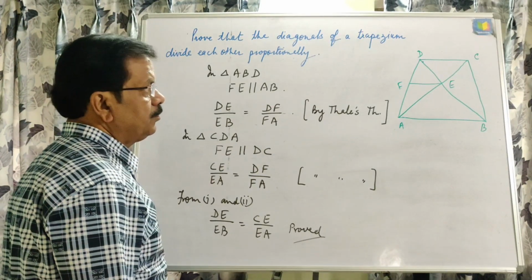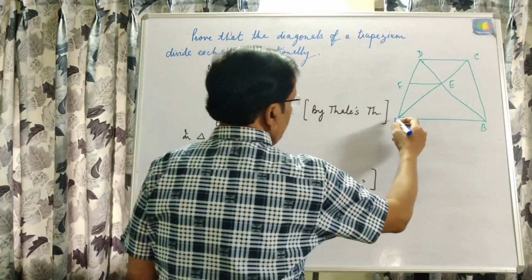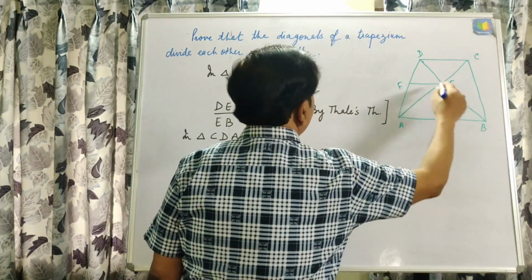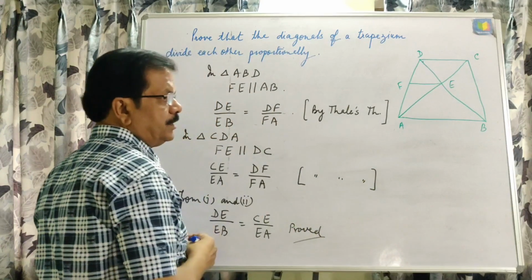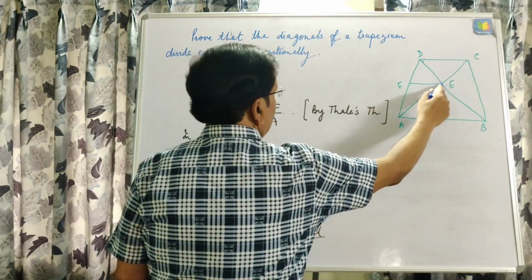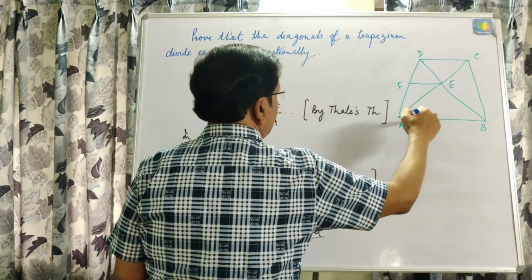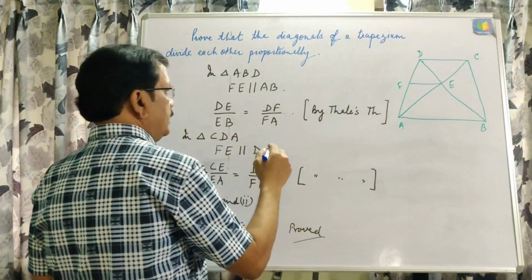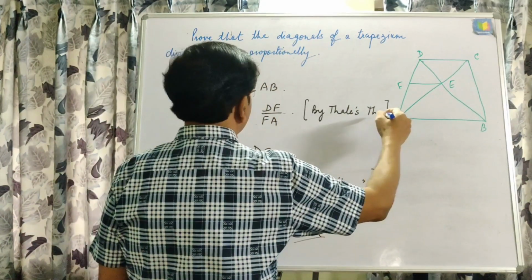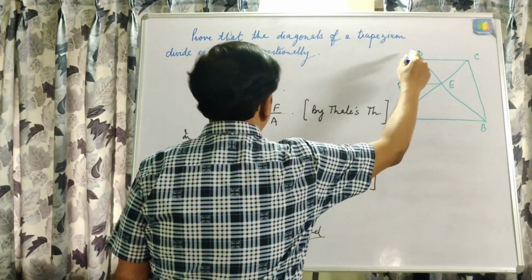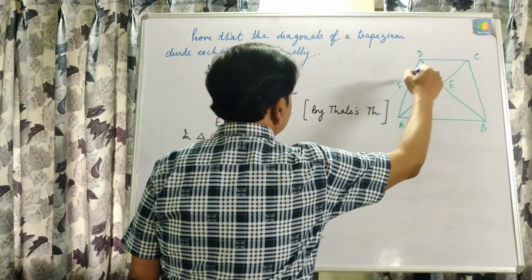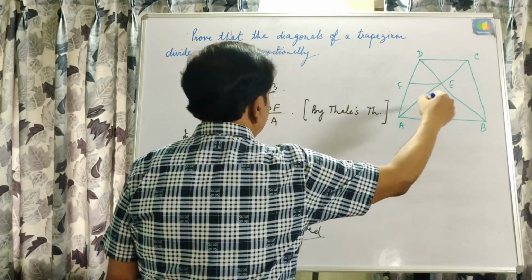In this question you can see that in trapezium AB is parallel to CD. From E we draw a line which is parallel to these two lines, and then using Thales theorem we can write here DE upon EB in this triangle DAB.